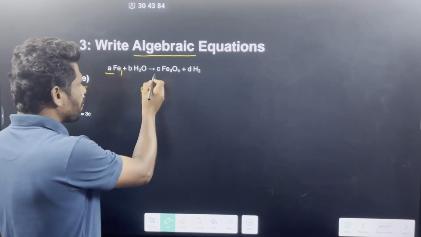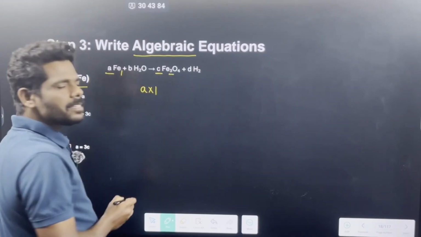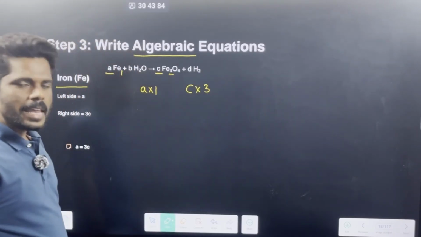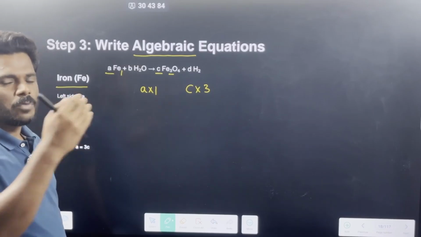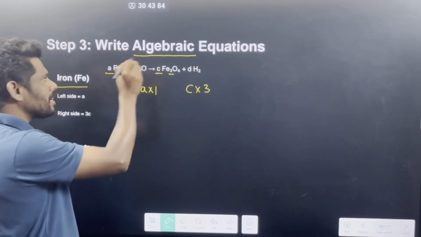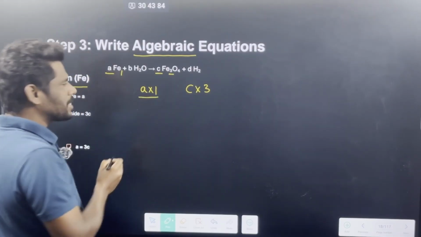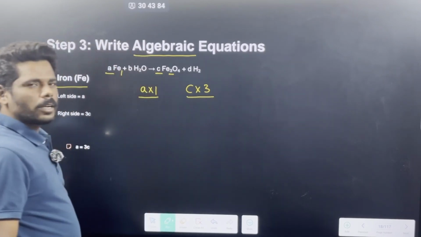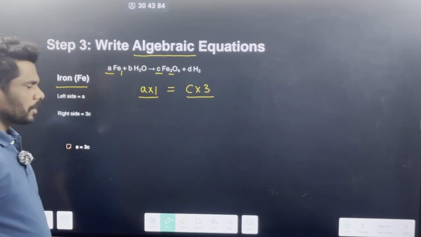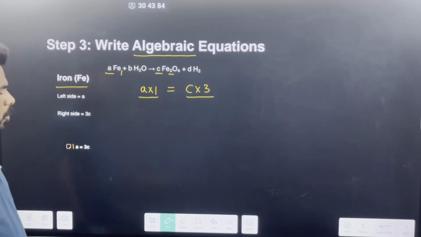Come to the product side, the coefficient for iron atom is C and its subscript is 3. So I will multiply C with 3, which will give me the total number of iron atoms. Since we assumed it is a balanced equation, the number of atoms on the left side must be equal to the number of atoms on the right side, the product side. So these are equal to each other. So I got an equation here: 1A is equal to 3C.